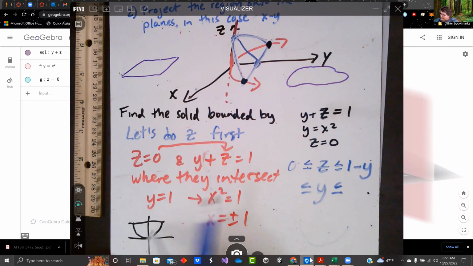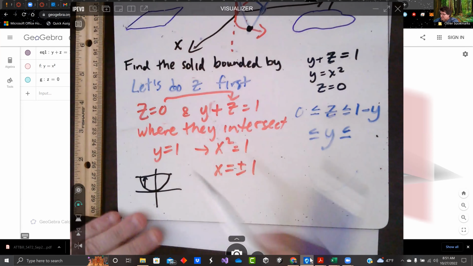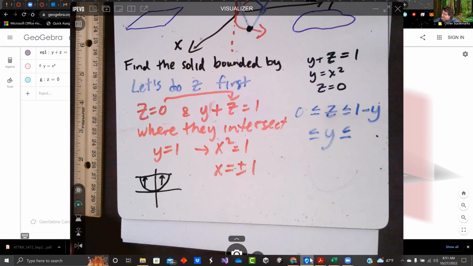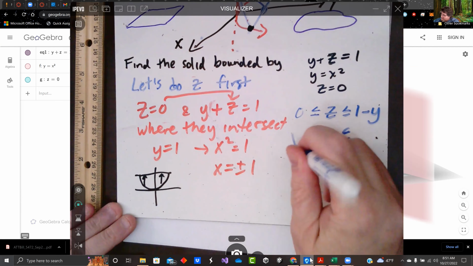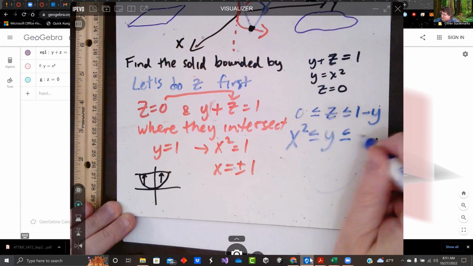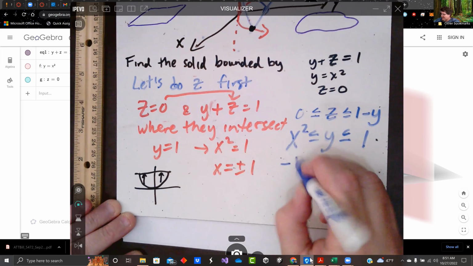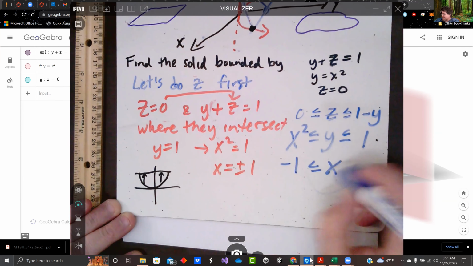It's starting at the x squared line and going up to the 1. So the x squared is the lower limit, and the 1 is the upper limit. And finally, we have -1 is less than or equal to x less than or equal to 1.